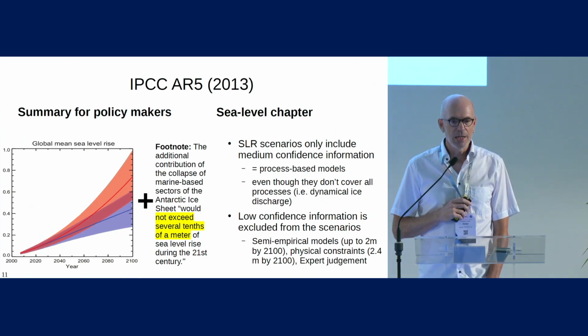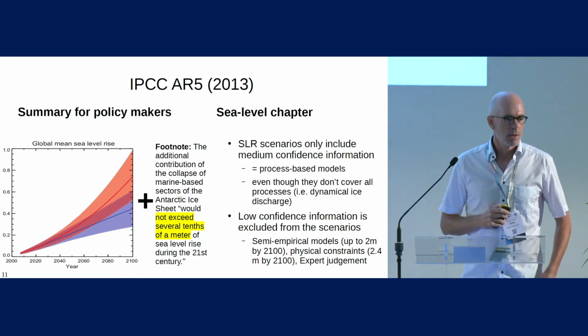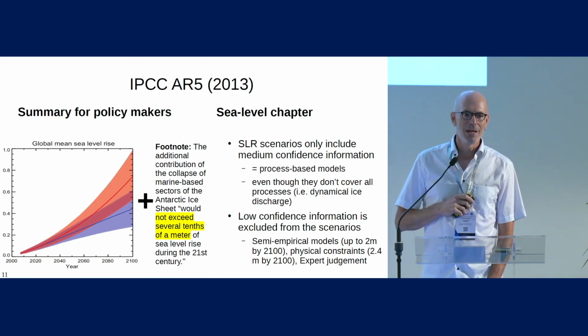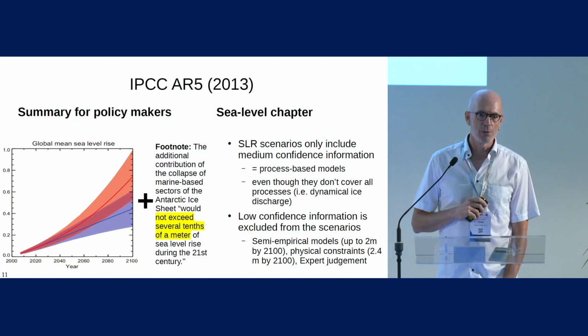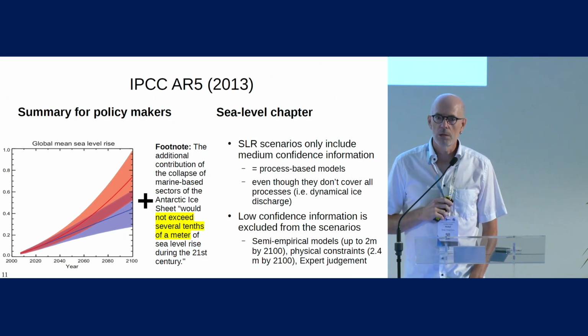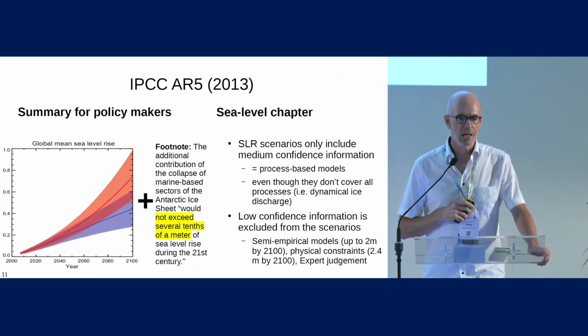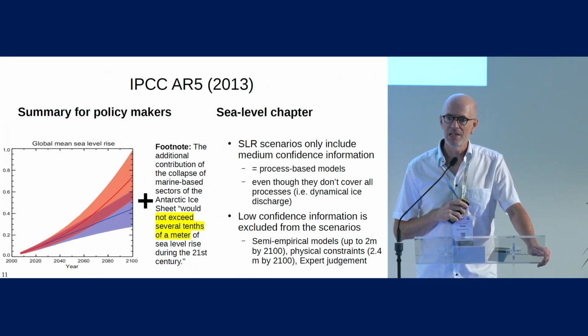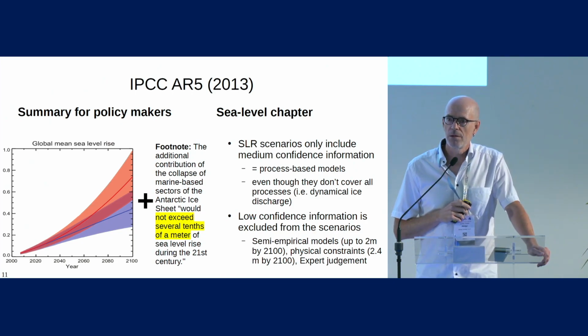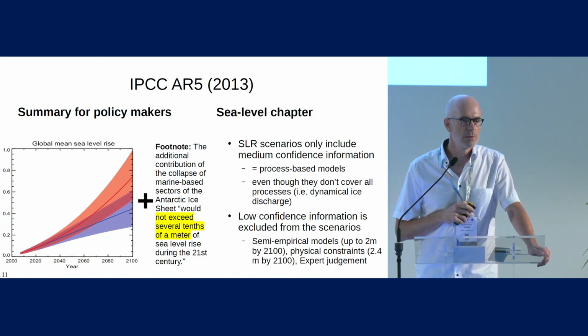AR5, there we had a similar situation, at least from my point of view. We had this graph and a footnote saying, again, that the dynamical contribution from Antarctica was excluded because it could not be assessed, and possibly that's going to add a couple of decimeters to the upper numbers of sea level rise.